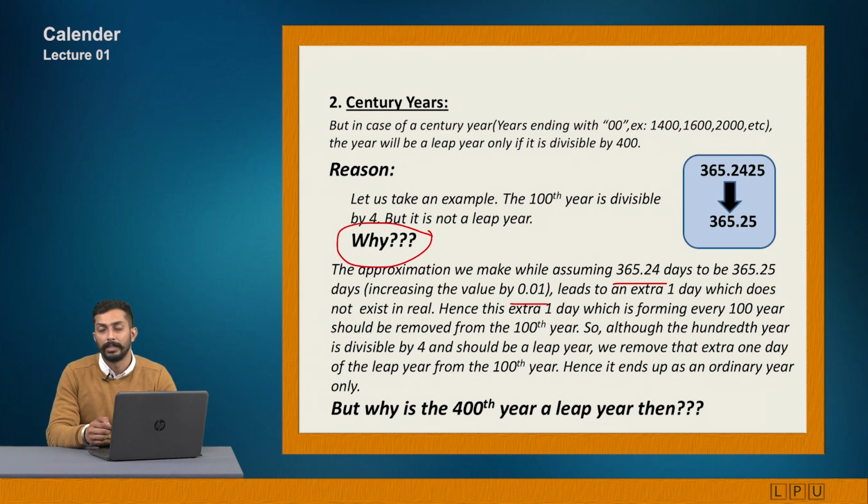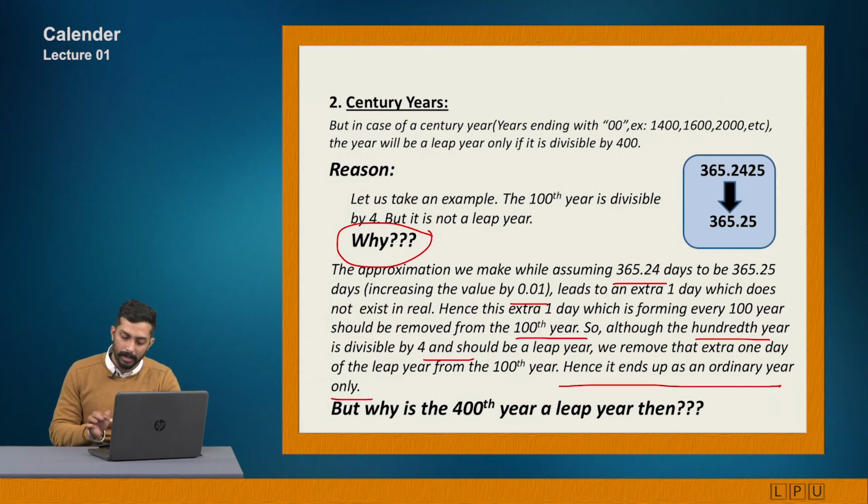As in the previous slide, we took 0.24 and approximately 0.25. So every 100th year is divisible by 4, but it ends up being an ordinary year. So that is why only the 400th year is a leap year.